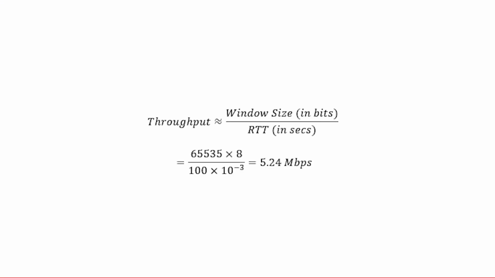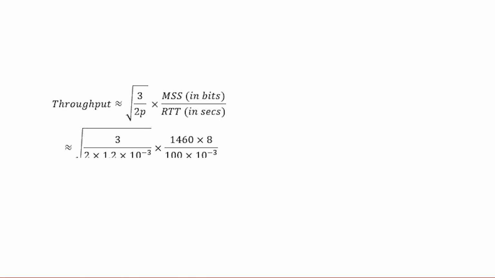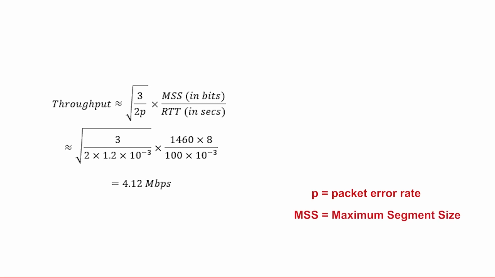Hence, a good approximation of the TCP throughput over the lossless link is as shown on the screen. For the lossy link, with packet error rate P, the approximate throughput of TCP is given as shown on the screen. Where P is the packet error rate, MSS is the maximum segment size in bits and RTT is the round-trip time in seconds.